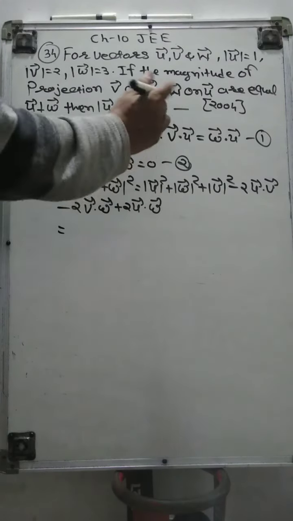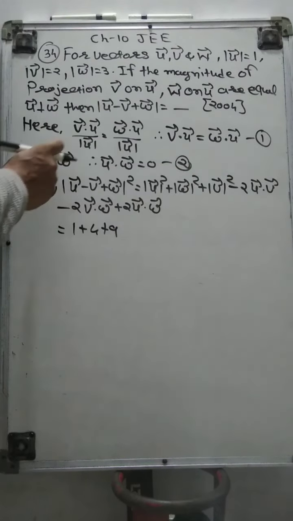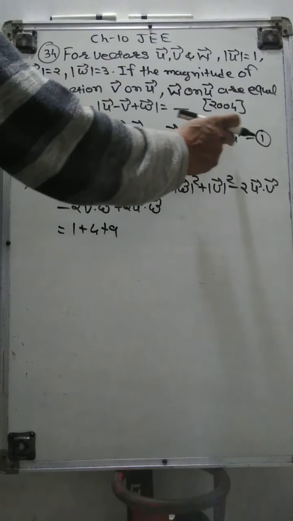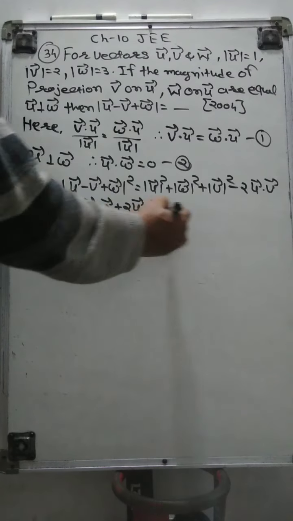This is 1 plus 4 plus 9 minus 2u dot v minus 2v dot w plus 2u dot w. u dot v is equal to w dot u, so these two are equal.